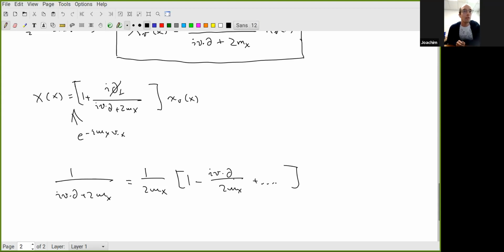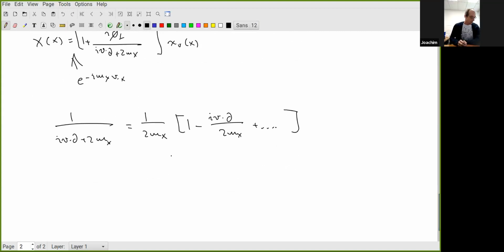Since these derivatives correspond to momenta, and these momenta are now all small because we factored out the mass, you see that these higher terms are suppressed by powers of momentum over the dark matter mass. So if dark matter is not too light, we assume that it's heavier than about a GeV or 2, then these terms are small and we can usually neglect them.